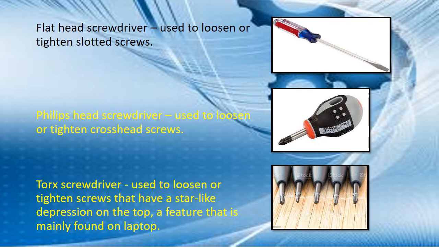Then next we have the Phillips head screwdriver, which is used to loosen or tighten crosshead screws. And then the Torx screwdriver, which is used to loosen or tighten screws that have a star-like depression on the top, a feature that is mainly found on laptops.